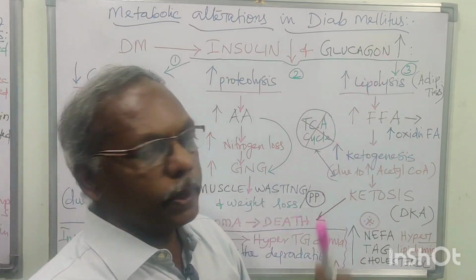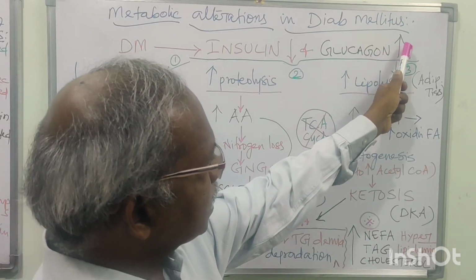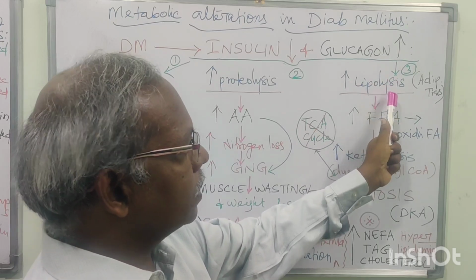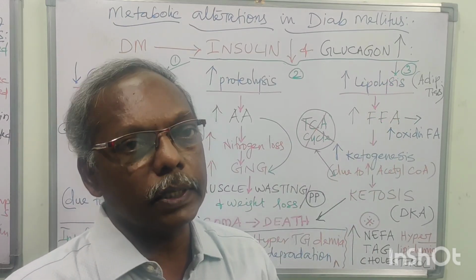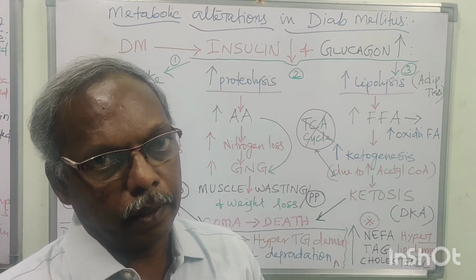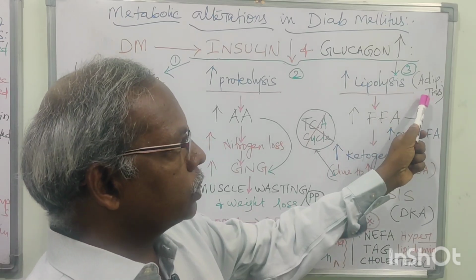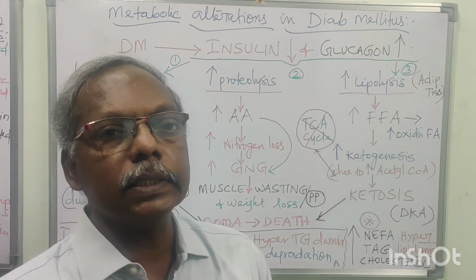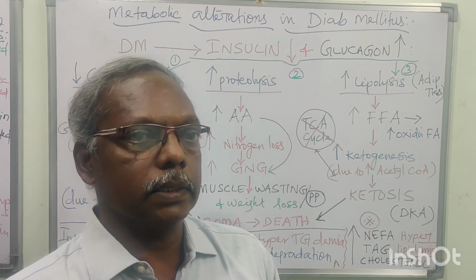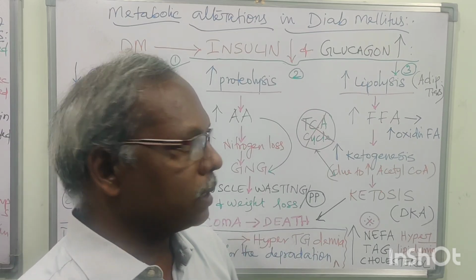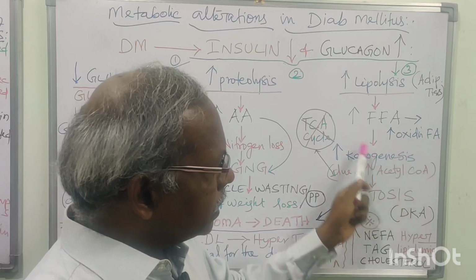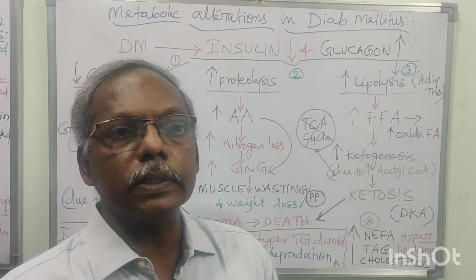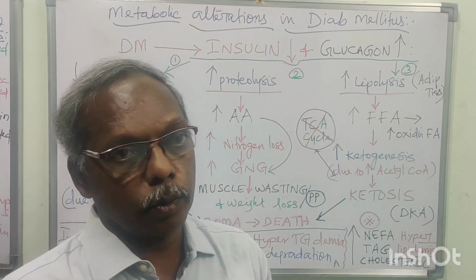And coming to the lipid metabolism, with glucagon increased, the first line of action is increased lipolysis from adipose tissue. So adipose tissue will be stimulated and produce increased lipolysis, which releases a high amount of free fatty acids. Oxidation of these fatty acids will always produce acetyl-CoA, more acetyl-CoA.